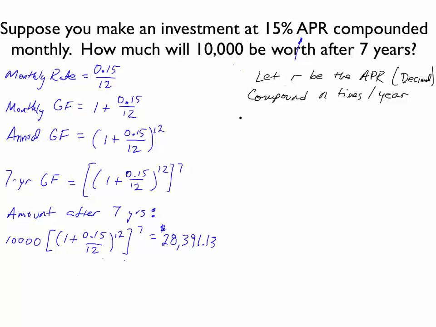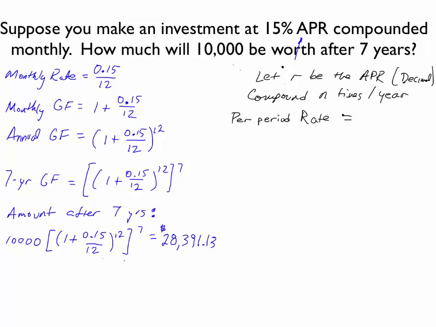So the first thing you're going to get is your per period rate. Just like up here, we got the monthly rate first, right? So now the per period rate will be what? You've got APR, and you're going to compound n times per year.